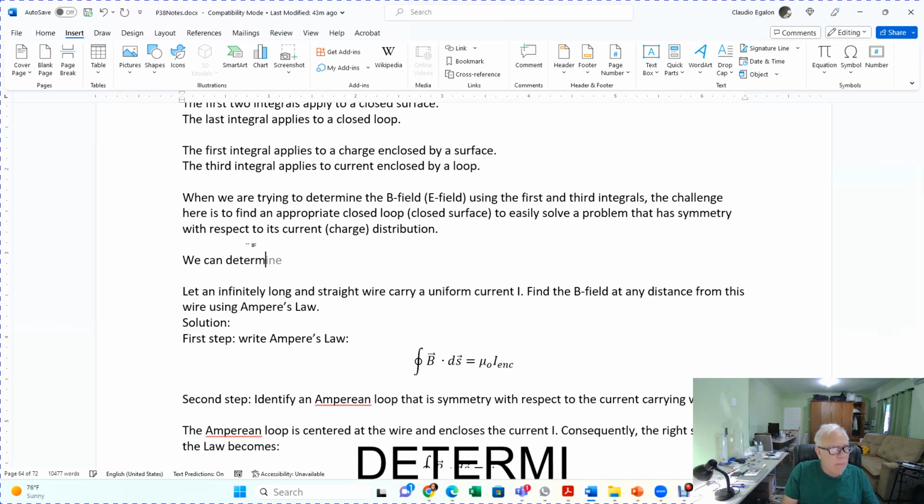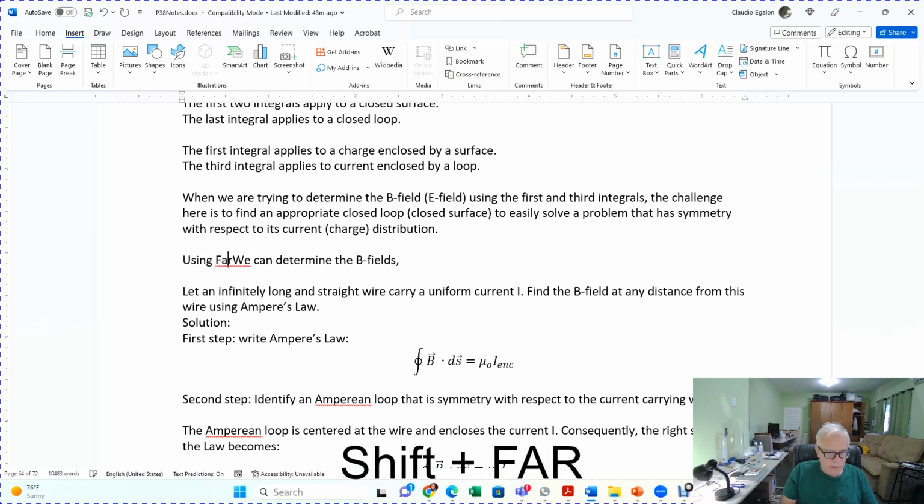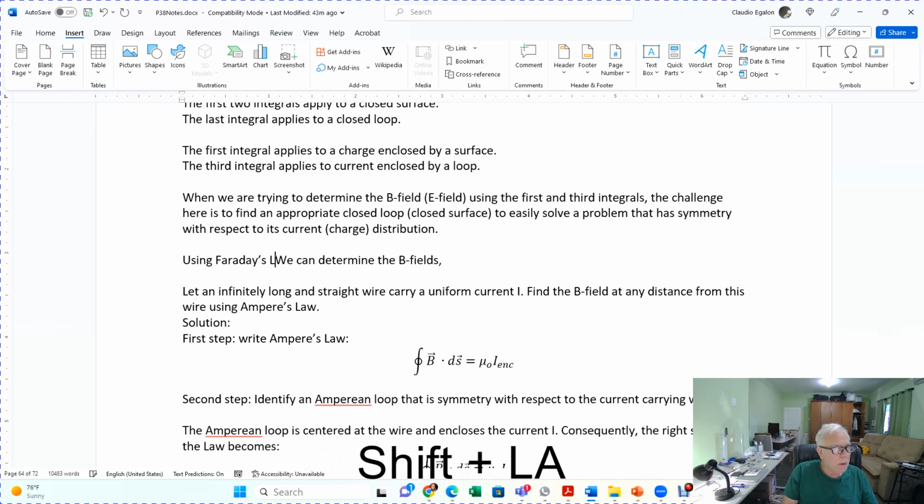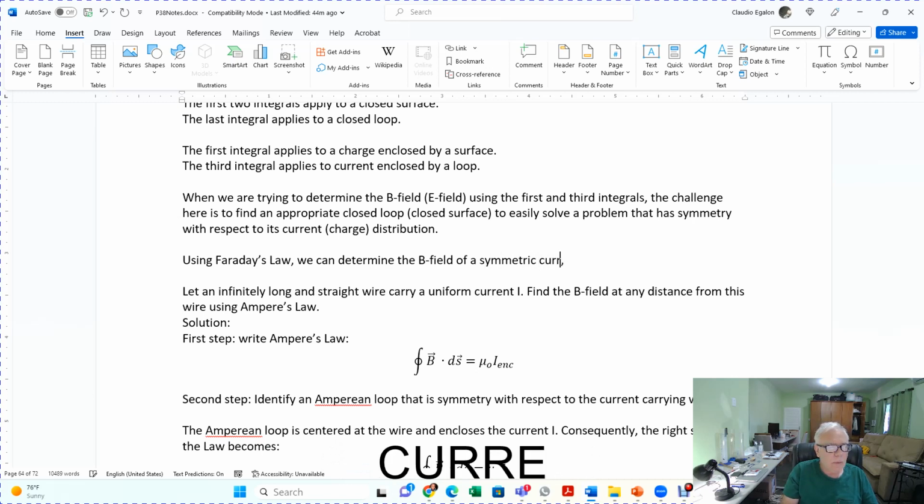We can determine the B field using Faraday's law of a symmetric current distribution.